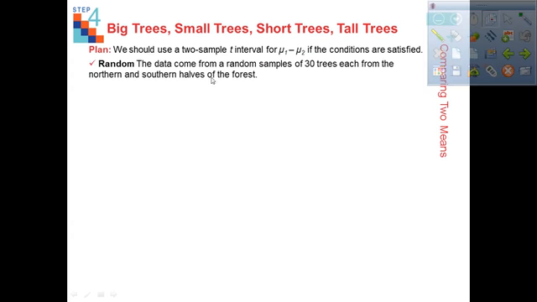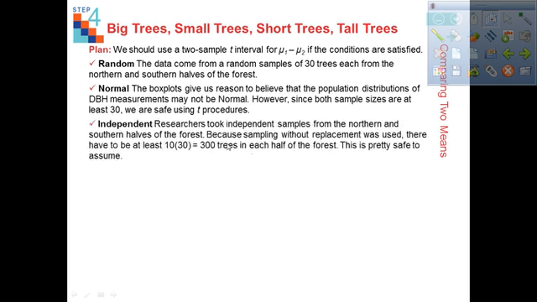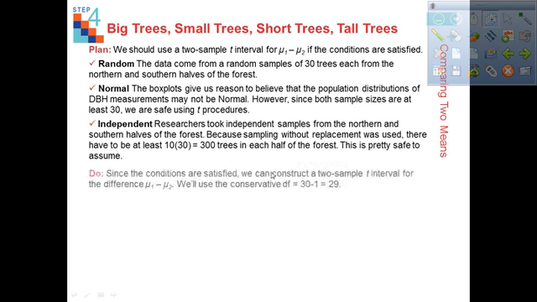So random, the data comes from random samples. I told you it's normal because both sample sizes are greater than 30, so it doesn't matter if they're normal. Even if the box plots show non-normality, our sample sizes are large enough, so we're good with our t procedure. And then independent, like I said, there's more than 300 trees in each part of the forest.